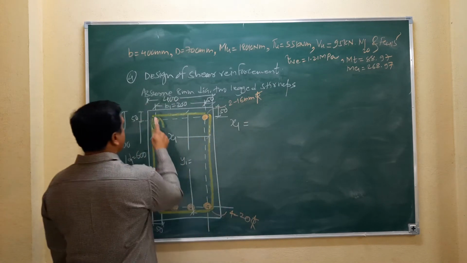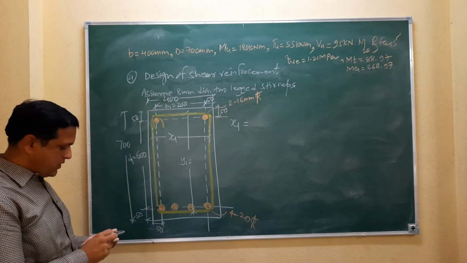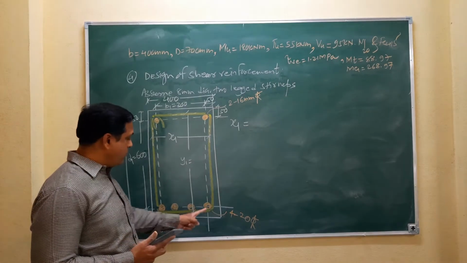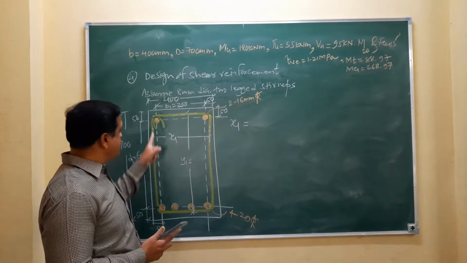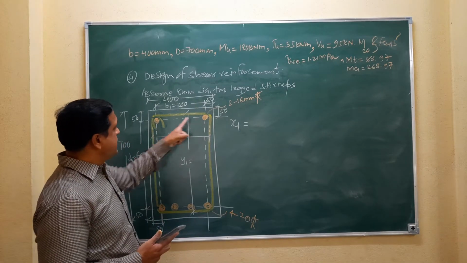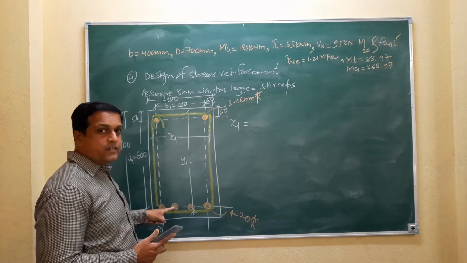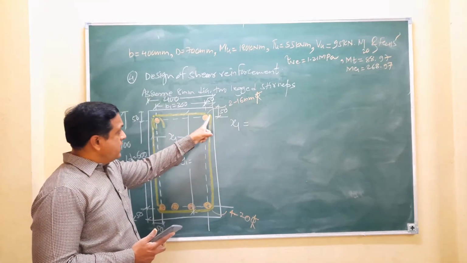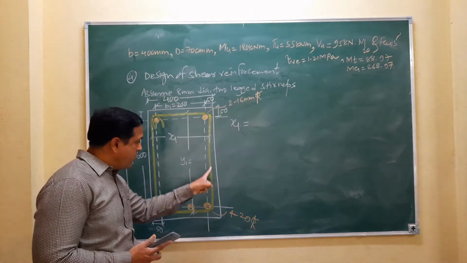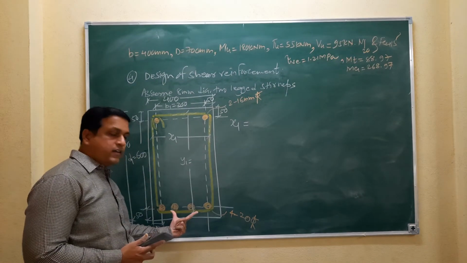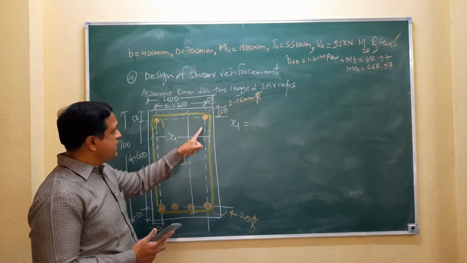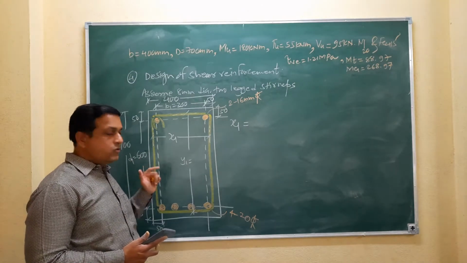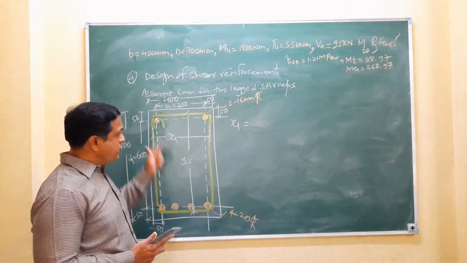What is x1? You have to take the greater value from bottom, because this diameter and this diameter are different. This is 20 mm diameter, this is 16 mm diameter, but you have to take the greater value. That means at top the x1 is the same as at bottom, so there is no variation in x1 even if you change the diameter of bar.